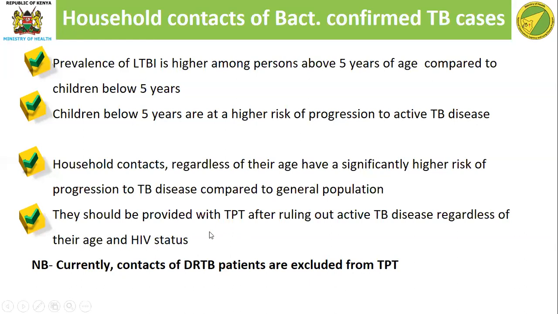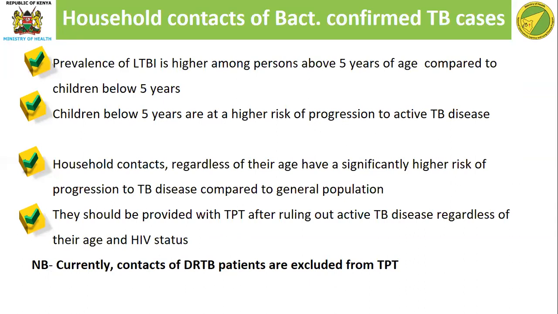Currently, as maybe this will come as a question, we are saying the contacts of DRTB patients are excluded from TPT, so they will not get TB preventive therapy, mainly because initially there was no specified regimen for this. But years later, WHO recommended the use of the fluoroquinolones as TPT for this particular group.